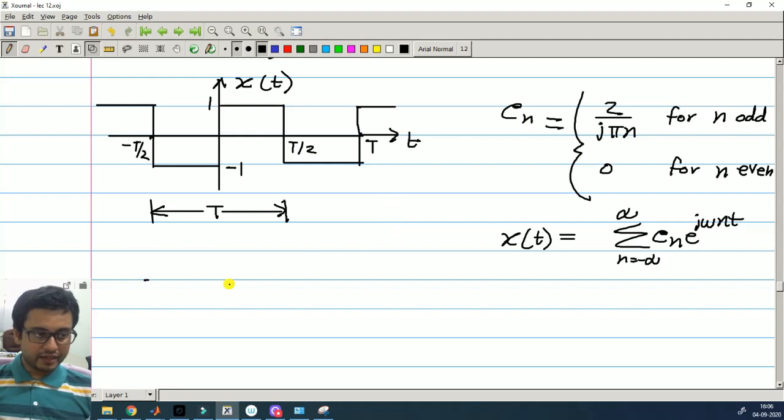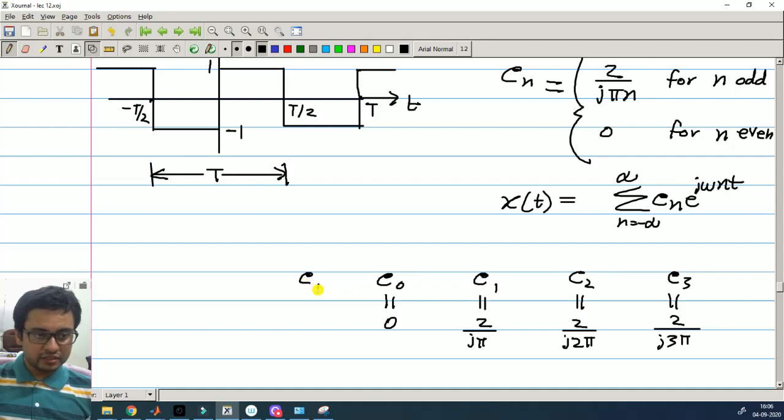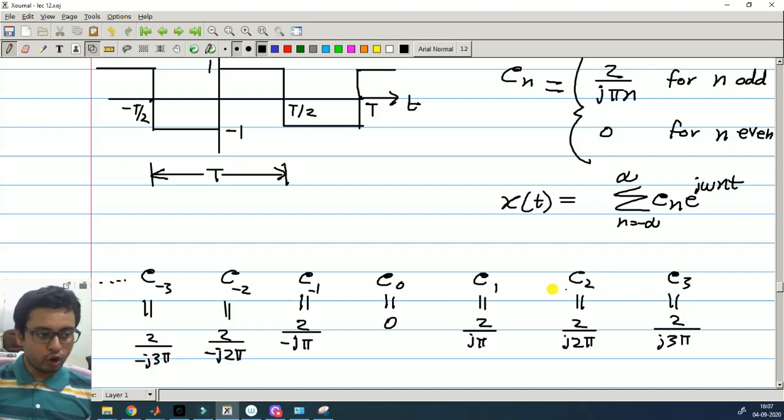Now, we can write C0 is equal to 0 for this signal, C1 is equal to 2 over j pi 1, C2 is equal to 2 over j pi 2, C3 equal to 2 over j 3 pi, and on the other side C minus 1 is equal to 2 over j pi into minus 1, C minus 2 equal to 2 over minus j 2 pi, C minus 3 equal to 2 over minus j 3 pi, and so on.